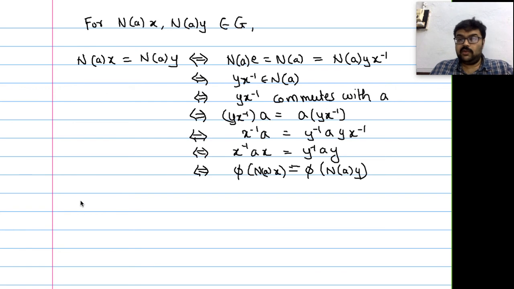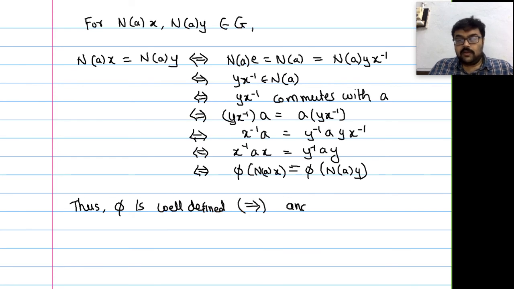We have done what is well defined. Now going back is 1-1. So thus phi is well defined and 1-1. Well defined was this side, and 1-1 was the reverse implications.